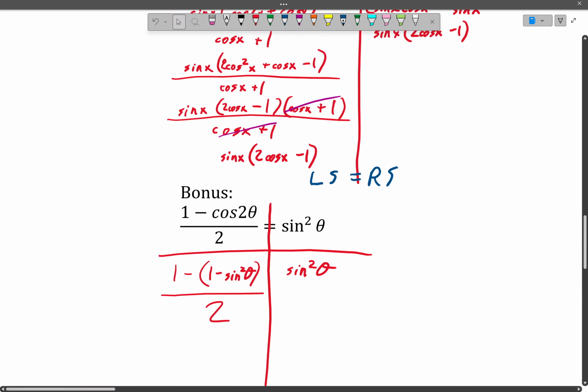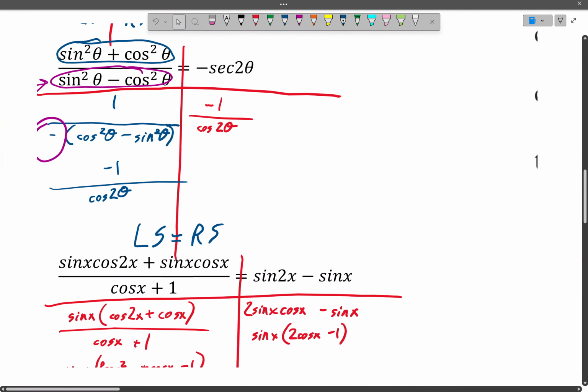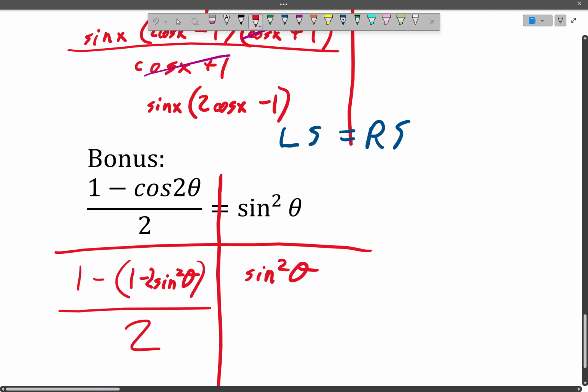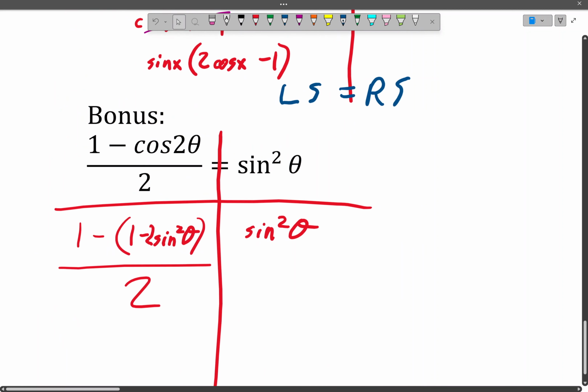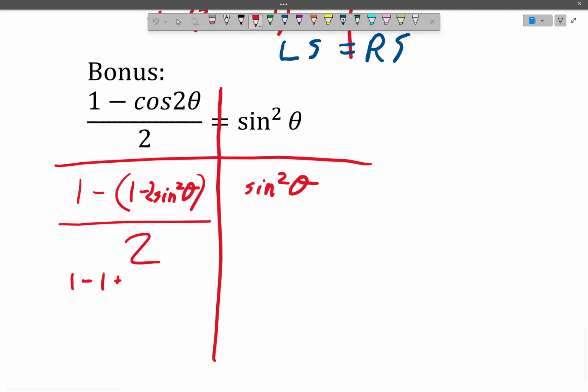I can just double check that that is correct though. Yes, minus 2. Oh, I forgot a 2 here. Minus 2 sine squared theta. So just double check that that's correct in your formula sheet. But once you have it, now we can write it out. So it's 1 minus 1, double minus, which gets plus 2 like this.